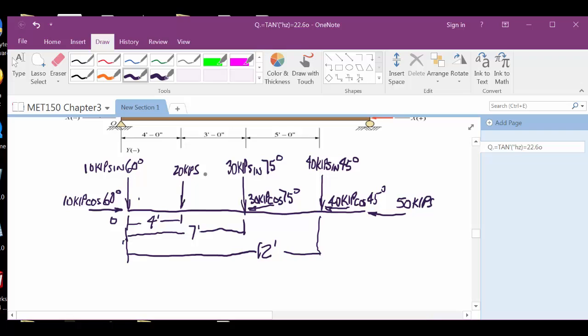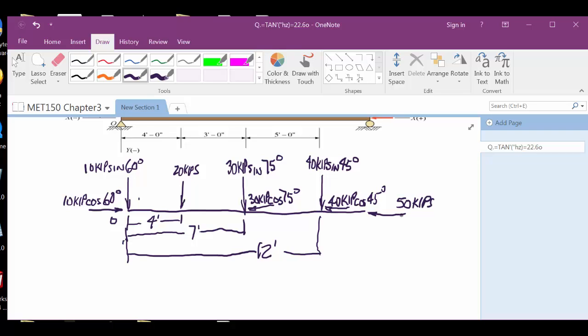So there's really no need to say that. Okay? Just like you could say 50 kips cosine of 0 or 180. That's going to be 1 as well, right? Cosine of 0 or 180 should be 1. All right? So anything that's vertical or horizontal, you just put it in there. It's the one that's on the angle that you have to break out.